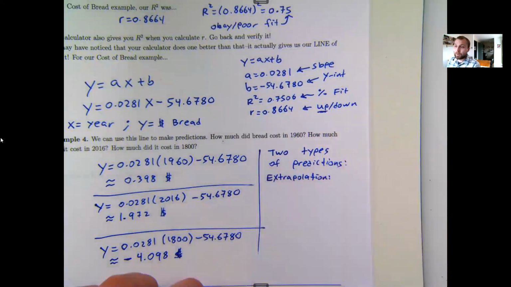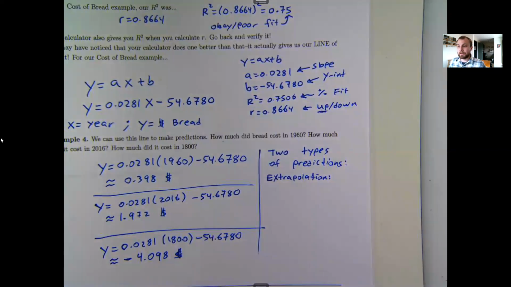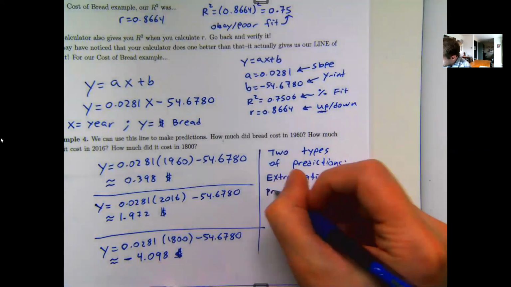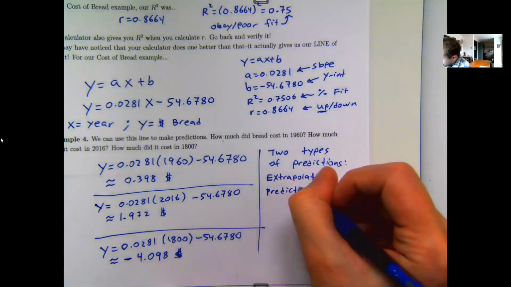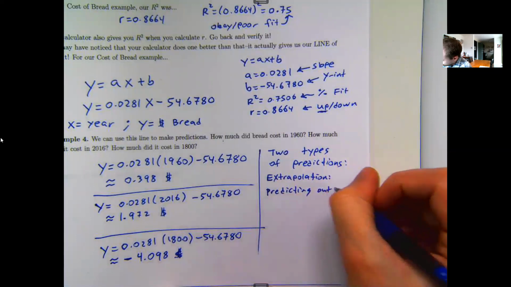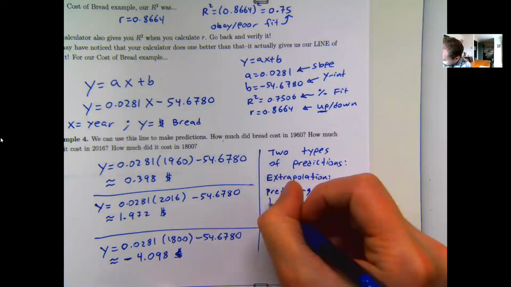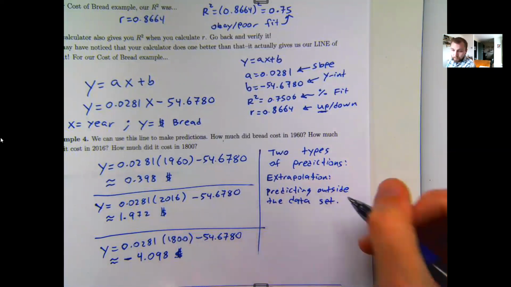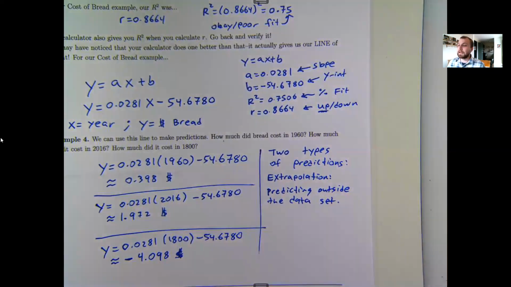This is usually the more desirable of the two types of predictions because it predicts something that will happen in the future. So this is predicting outside the data set. So if there was extra credit, that's something that's outside of the normal credit that you get for a class.